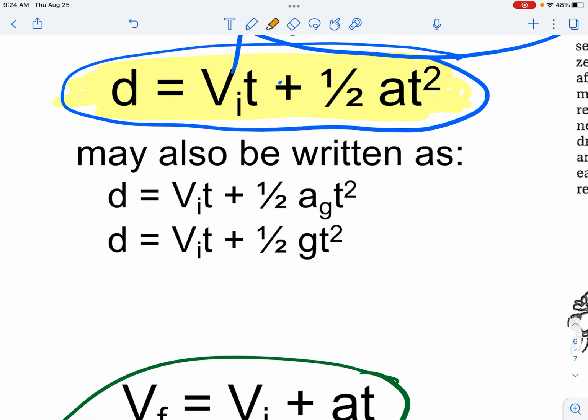So when I work through problems with you, you might see me do this. And all I'm doing is I'm keeping the a as it is in the original equation, but I'm putting a subscript g just as a reminder that this acceleration for this story is caused by gravity, and so now I'm going to plug in a negative 9.8. For some of you, having that additional subscript will be really helpful as you do your practice work.